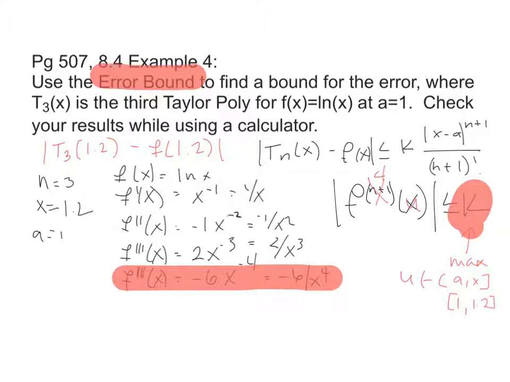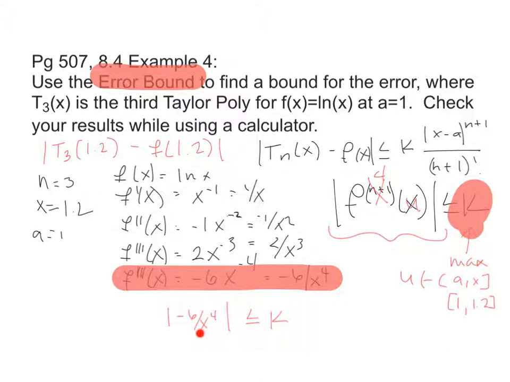Now, looking at the formula, it's actually the absolute value. So we're looking at the absolute value of negative 6 over x to the fourth being less than or equal to k, which is what we're going to set k equal to. Putting 1.2 in the denominator will make this smaller than if we just put 1.